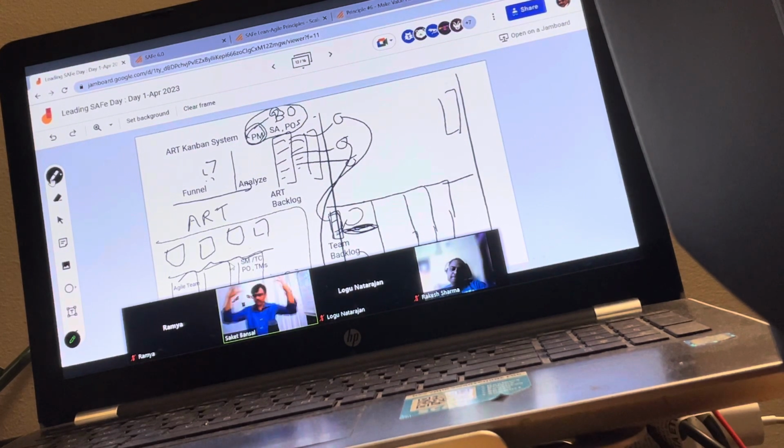They are part of the overall thing. They should be participating there, but not leading. Leadership at an ART level is done with the help of a role called product management. The ownership of a product owner in SAFe is a team backlog. So they own the team backlog and they contribute to the ART backlog. So that's how we can understand, at a super high level, the role of a product owner.